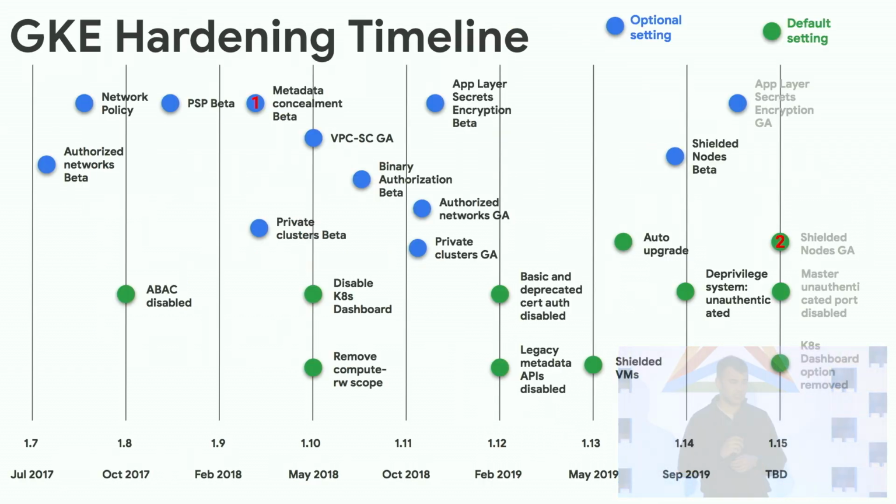Moving on. This slide represents a timeline of the GKE security team's efforts towards hardening the GKE product itself over the years. As you can see, it started from July 2017, and we have until about 1.15.